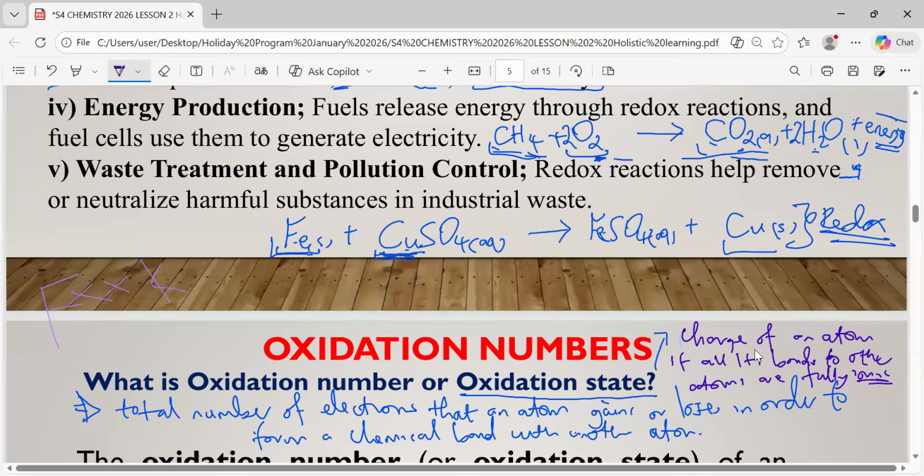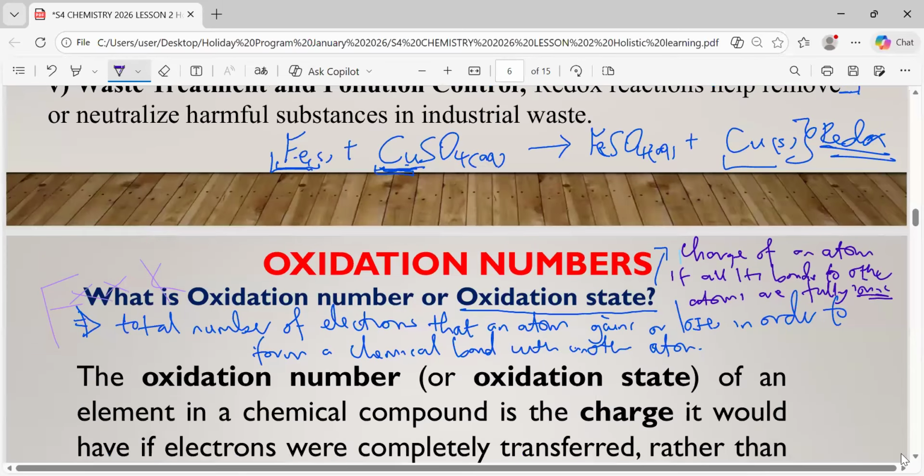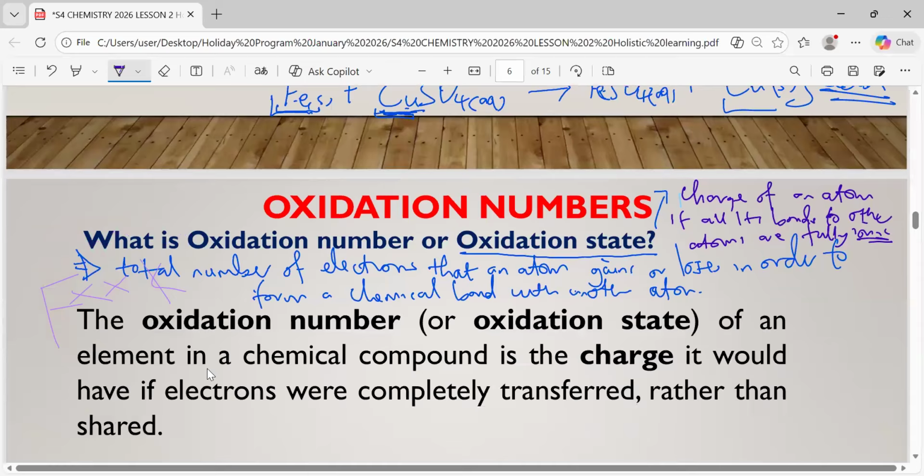The hypothetical charge of an atom if all its bonds to other atoms are fully ionic. Then another one said, the total number of electrons that an atom gains or loses in order to form a chemical bond. Now let's look at this. Philip Mangeni, read for us that definition that we have put there.